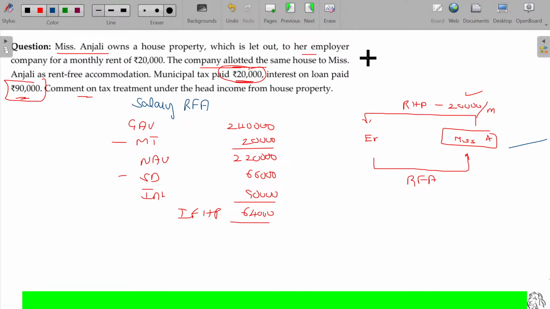If she lives in Chennai, 10% of salary will be considered taxable under the salary head also. Dual taxation. One is for letting out the property, and the next is that she was provided rent-free accommodation by the employer, so it is a perquisite under section 17(2), sub-clause 1 and 1(2). Okay, clear?